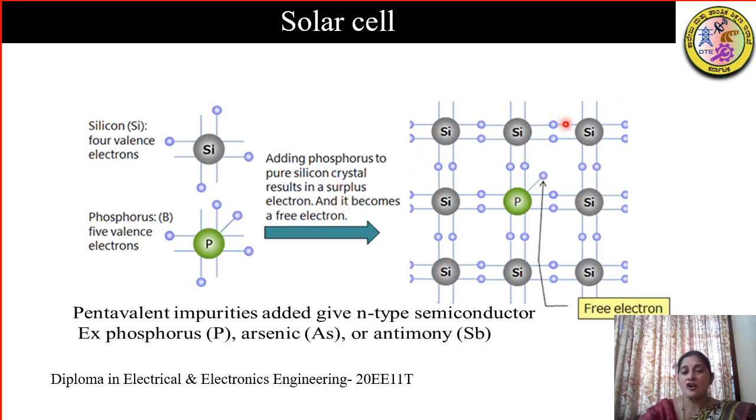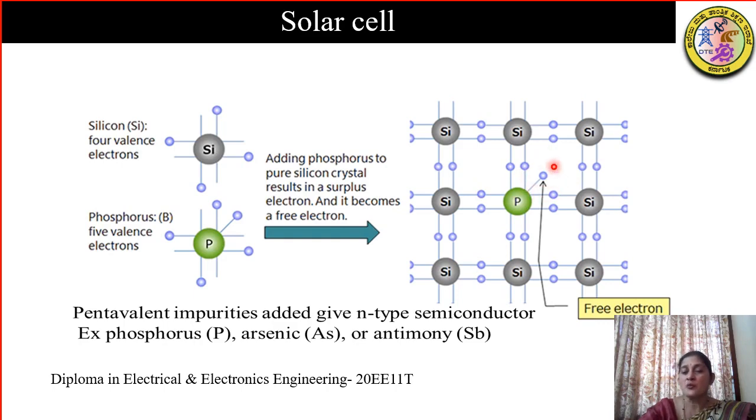Similarly, in a silicon structure, if you remove one silicon atom and replace it by a pentavalent impurity, then 4 electrons of that impurity will be used up in the bonding process. So what will happen? There will be 1 extra unused electron.